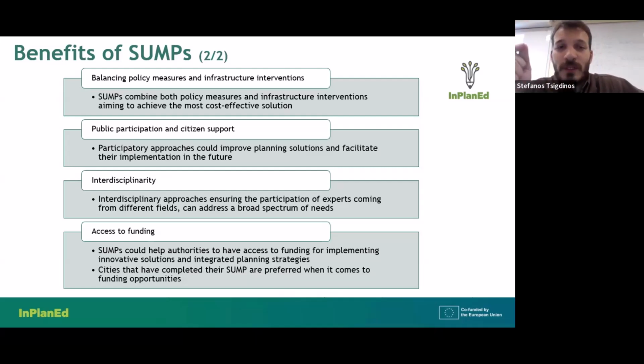What else? Public participation and citizen support is an important benefit of a SUMP. Interdisciplinarity, because when you hear the word SUMP, we have to take into account the word sustainable, the S in front. But when you really engage in making a SUMP, you have to be in an interdisciplinary mode, in a team.